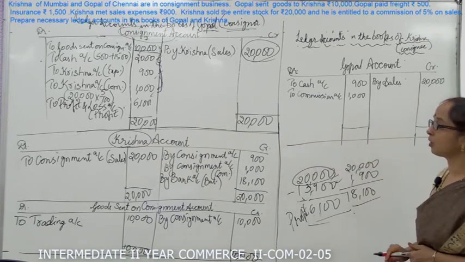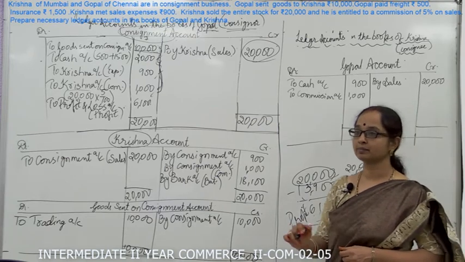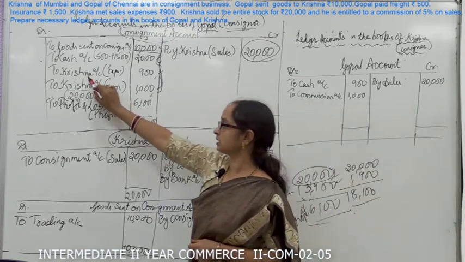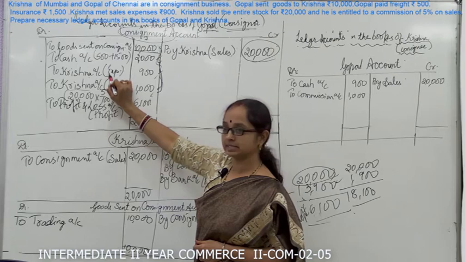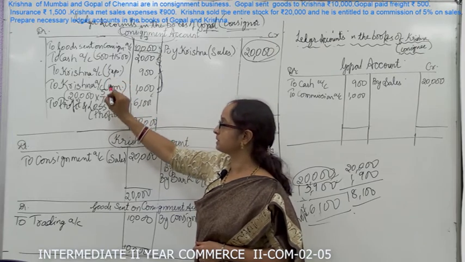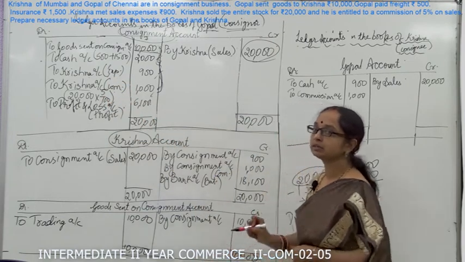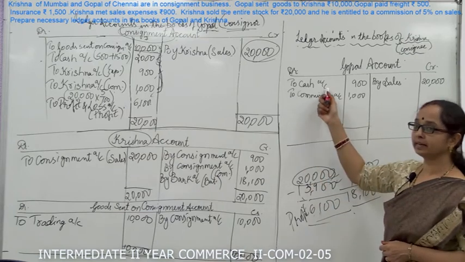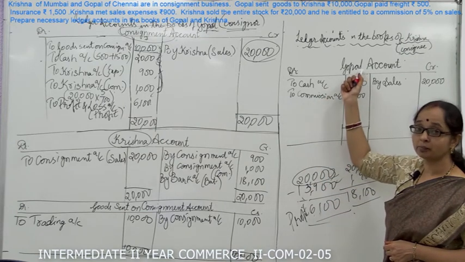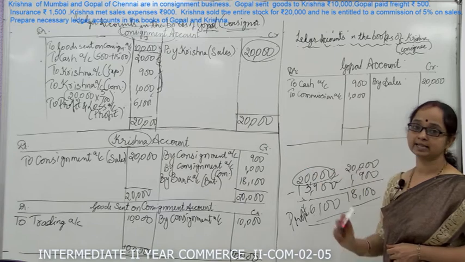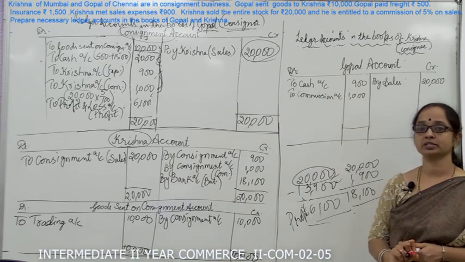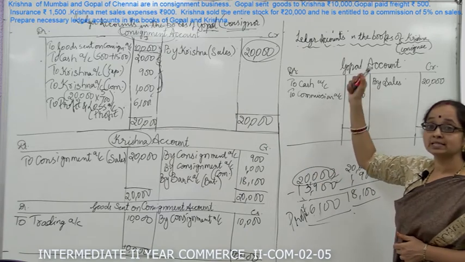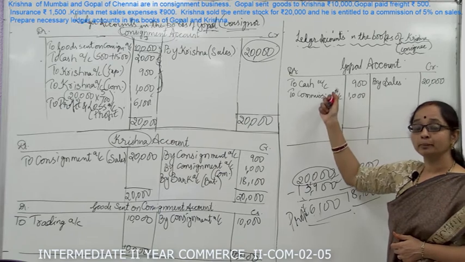Now how have we done it? Here Krishna has been written. This is the expenses, this is an expense, and this is a commission. So here we will be writing directly because of Gopal, he has spent these expenses. Since he is spending on Gopal's behalf, who is due to pay these?